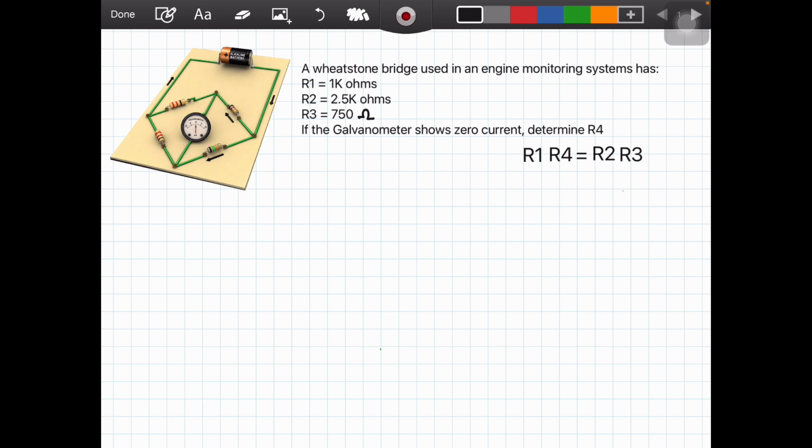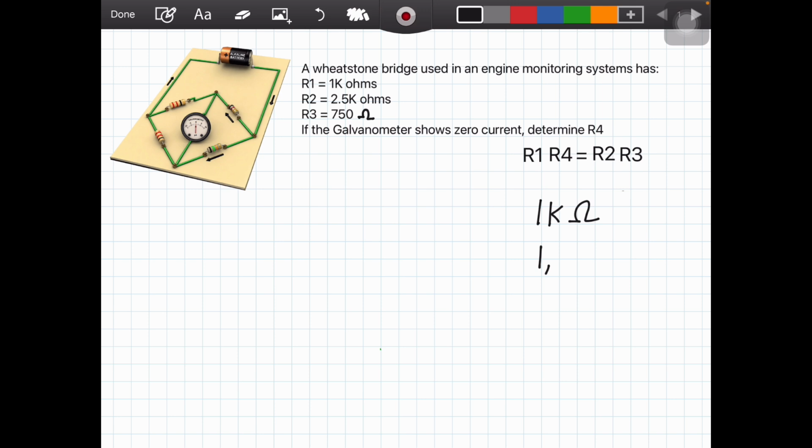When we compute, we don't write 1 kilo ohms or 2.5 k ohms. We convert that into ohms. So 1 k ohms, the kilo, has three numbers.